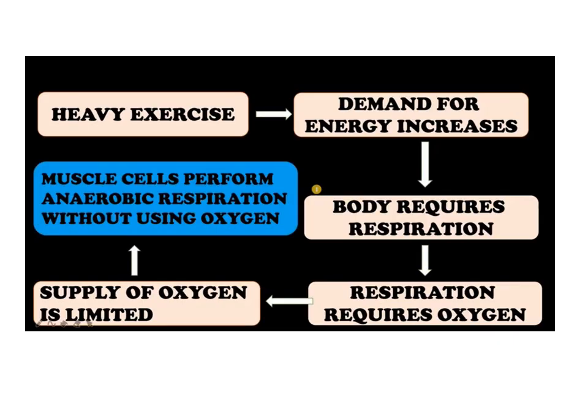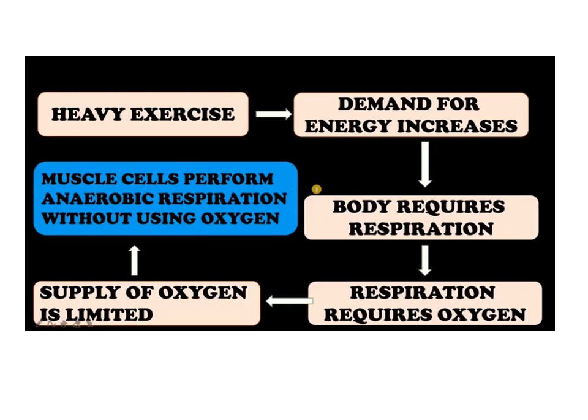Now we will see that due to heavy exercise, the demand for energy increases, the body requires respiration, and respiration requires oxygen. As you know, the supply of oxygen in our body is limited, so muscle cells perform anaerobic respiration without using oxygen.